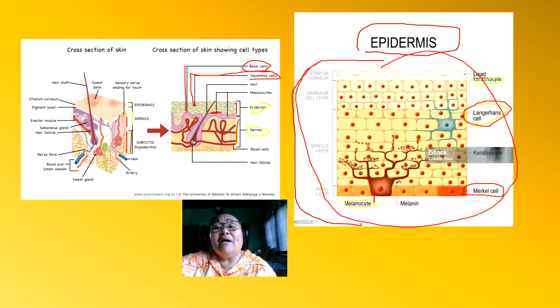But the melanoma is the most aggressive form because it can spread rapidly through the lymphatic system and bloodstream if not detected early. So, understanding the normal anatomy and physiology of the skin provides the foundation for recognizing how skin cancer develops, how it spreads, and why prevention through sun protection and early detection is critical.